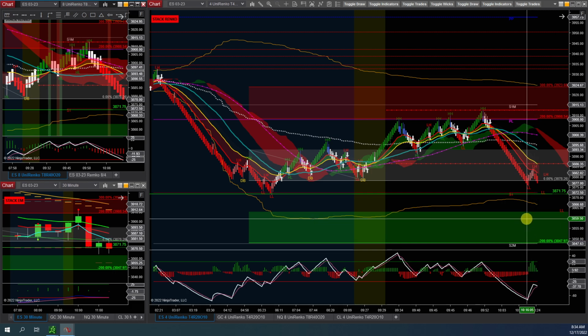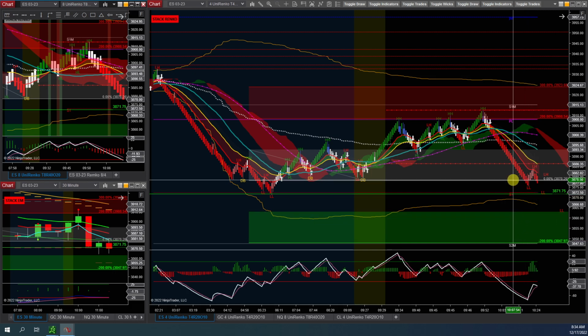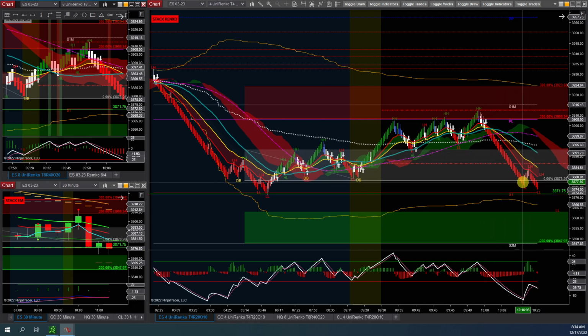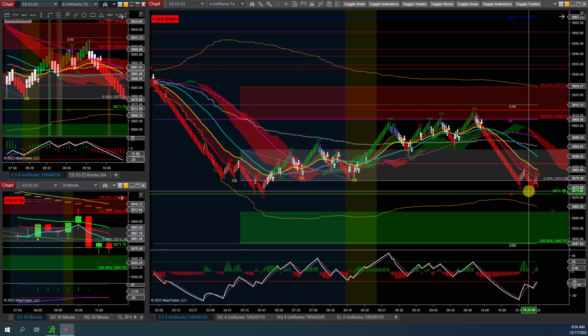So you could either take it or wait. It is riskier than this break here, right? Okay, now there was a little bounce, and then there's another entry, and this one I like.